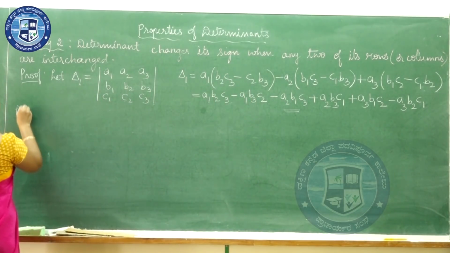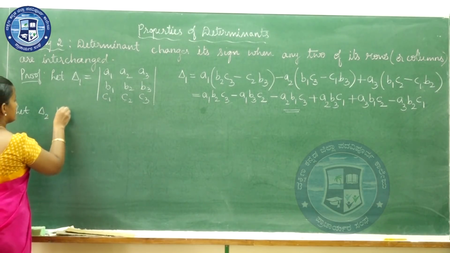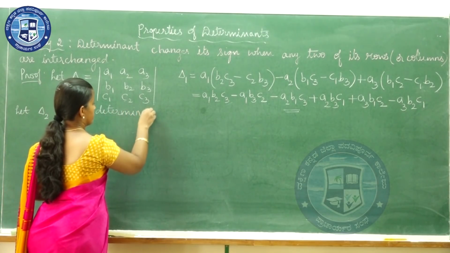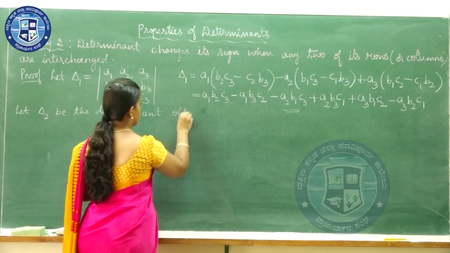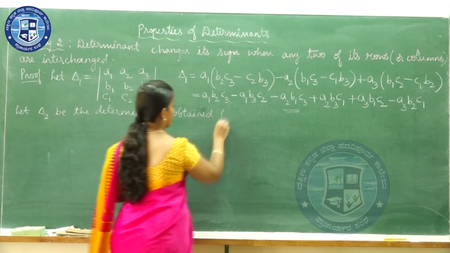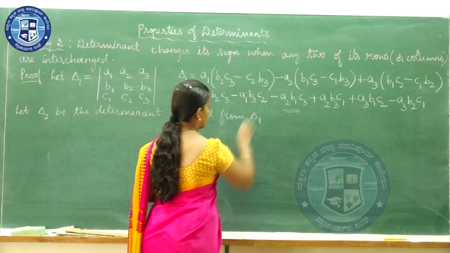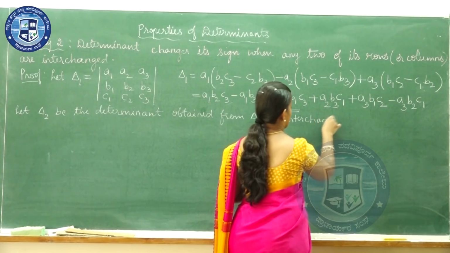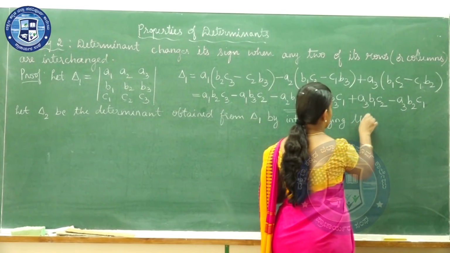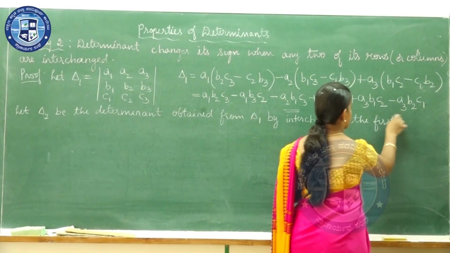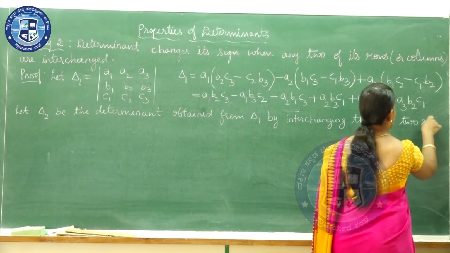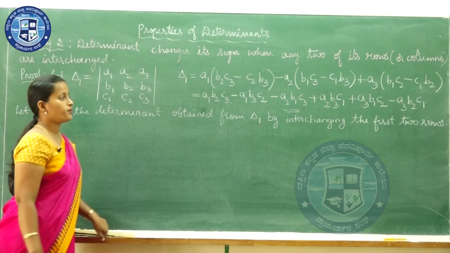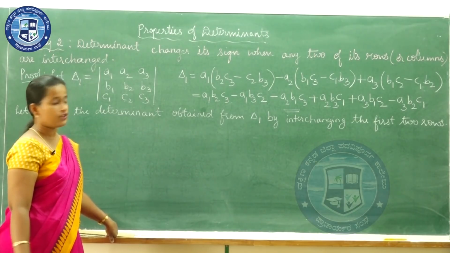Let delta 2 be the determinant obtained from delta 1 by interchanging the first two rows.